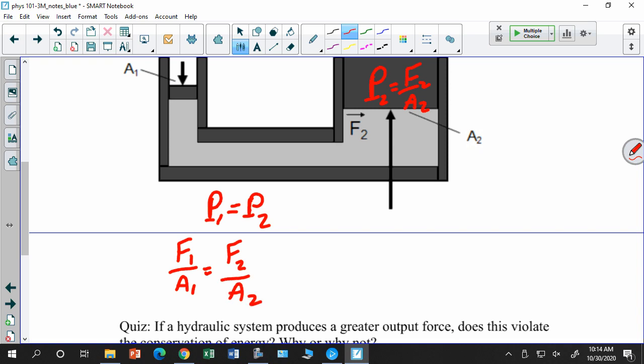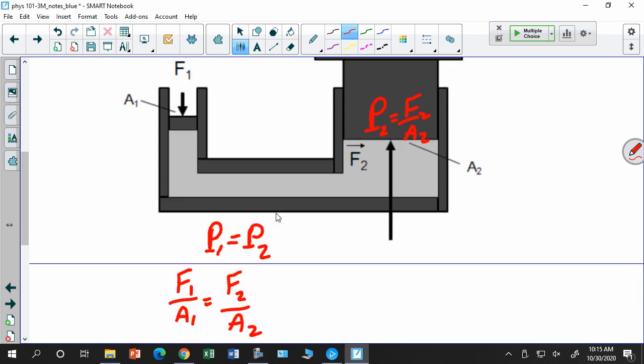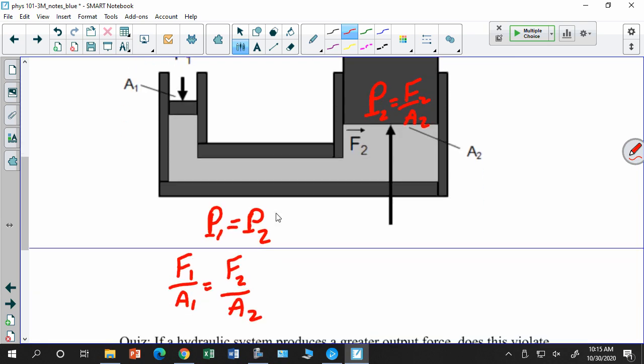So, for example, if I go from this piston with a small area over to this piston, where my area gets big, then I'm also going to have a bigger force. So I can put in a small force with a small area and get out a big force over a big area.